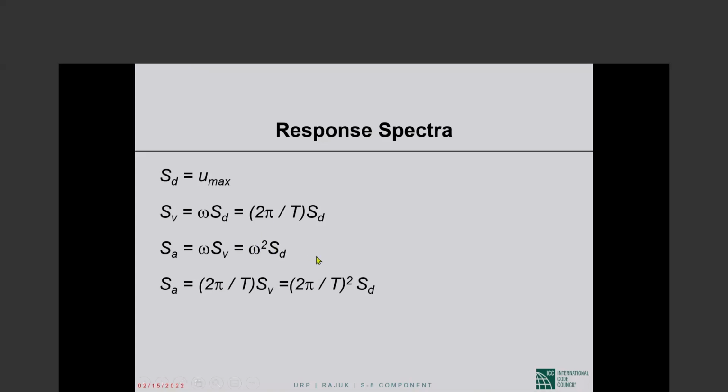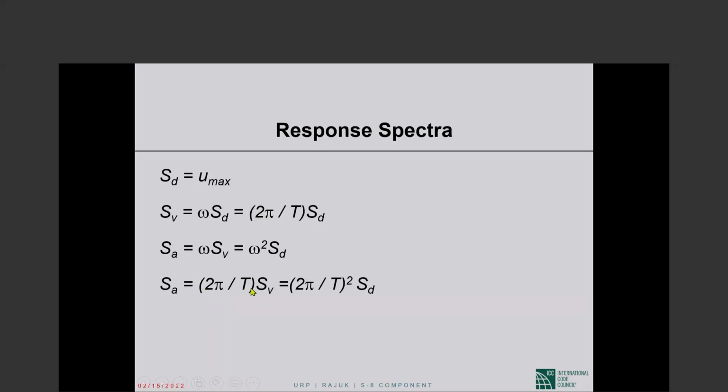Then, if we do with the spectral pseudo-velocity what we did with the spectral displacement, divide that by T, multiply by 2 pi, we get a quantity that has the unit of acceleration.